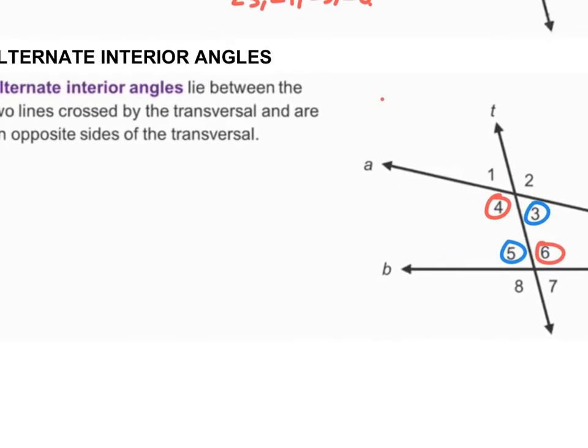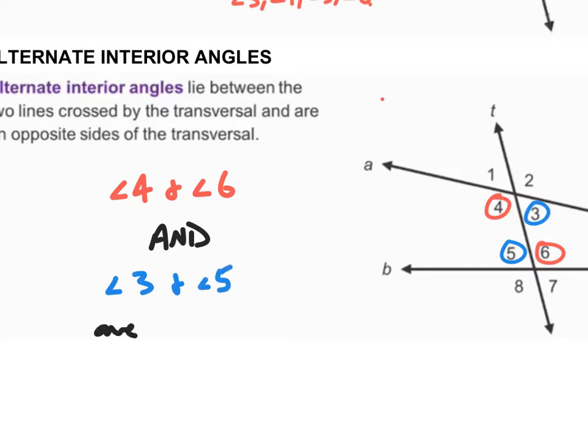So we have two pairs of alternate interior angles here, all right? So if we want to list those, we would say angle 4 and angle 6 and angle 3 and angle 5 are alternate interior angles, okay?